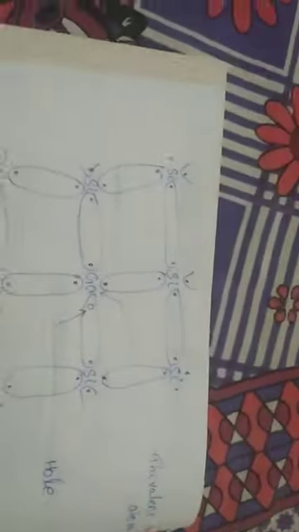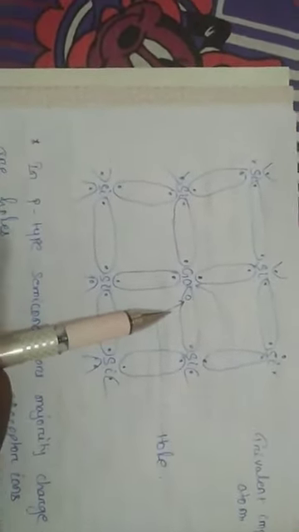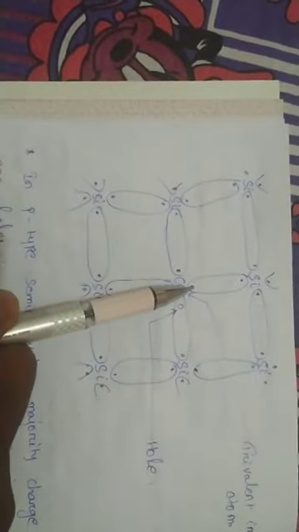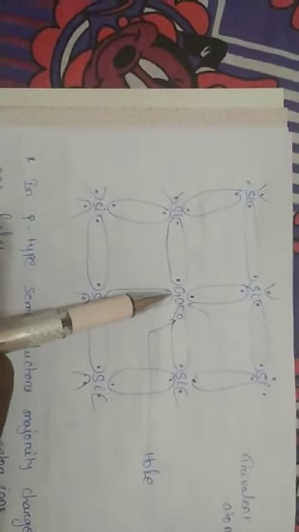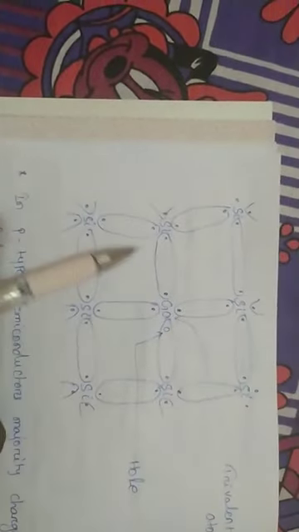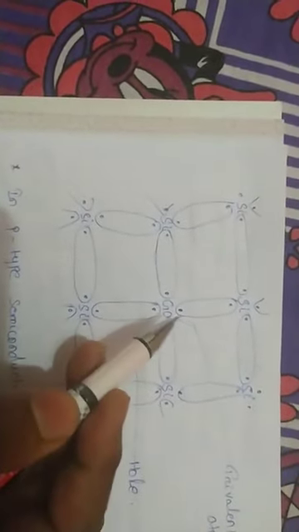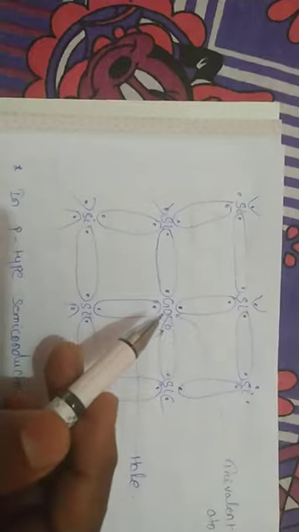Then we will see what happens when you add one gallium atom to silicon. As you know, gallium is trivalent, means it has 3 valence electrons. As you see here, the outermost orbit of gallium has 3 valence electrons. It fits into the silicon crystal by forming 3 covalent bonds with its surrounding 3 silicon atoms.